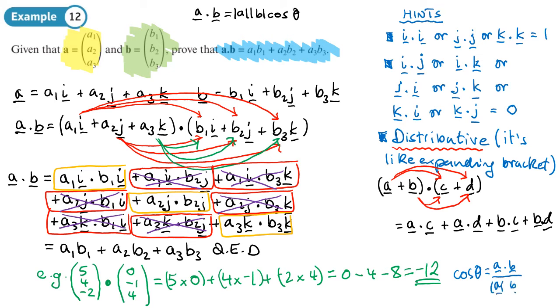And now we know how to find this value up here, and we know how to find the length of the vector. We can then use that to find the cosine of the angle between any two vectors, assuming that they actually meet at some point.